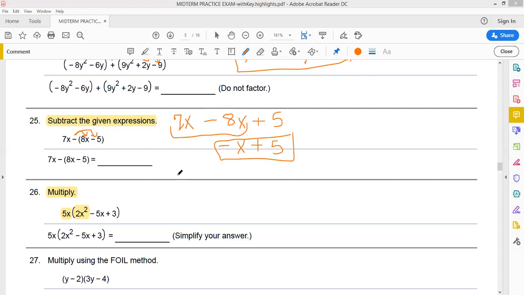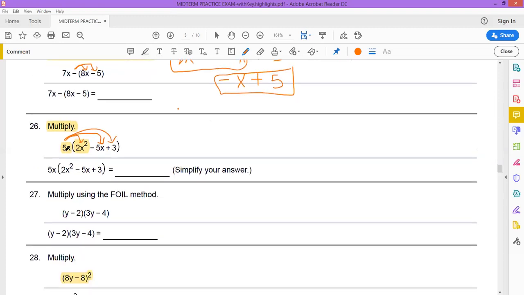Now let's look at number 26. We're multiplying here. We're really distributing the 5x times all three of the terms in parentheses. So we have 5x times 2x squared. That gives us 10x to the third power, right? Because we have 1x and then we add the 2.